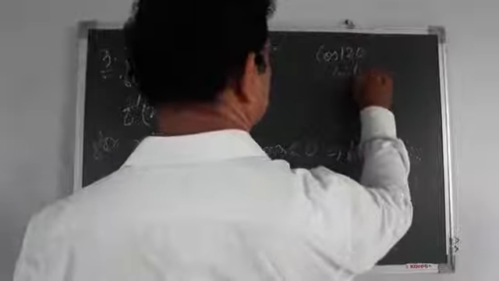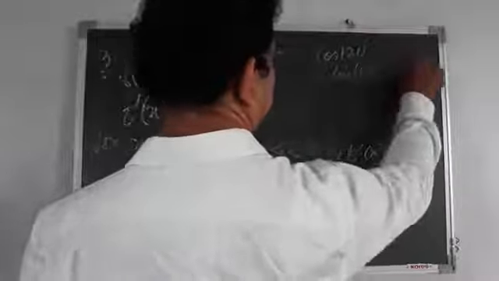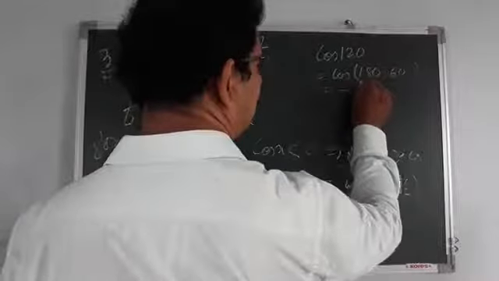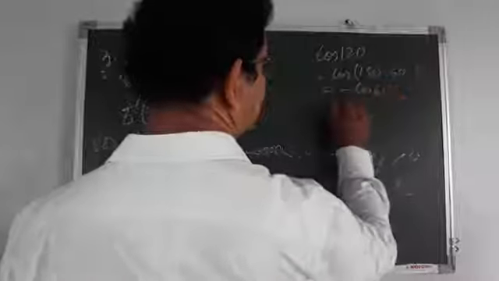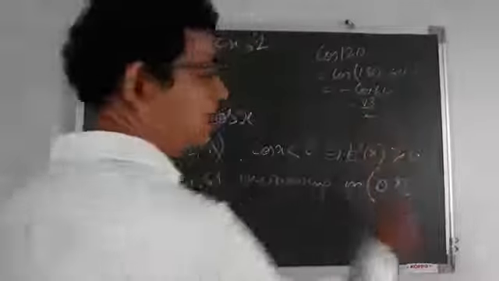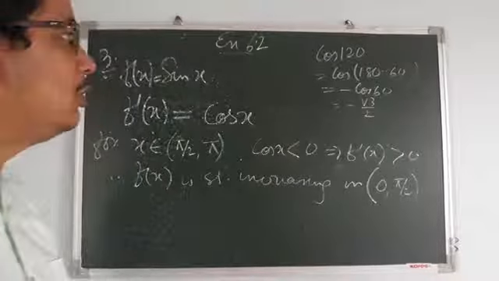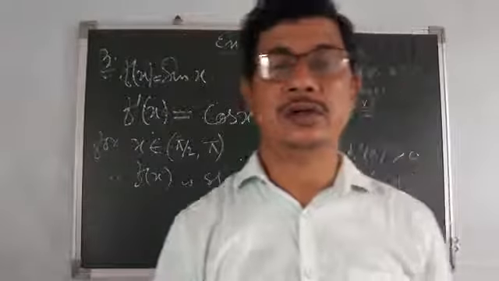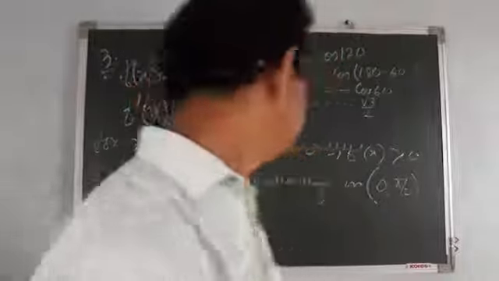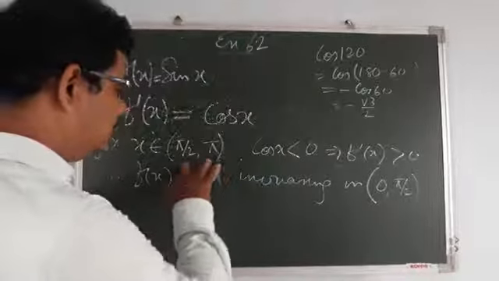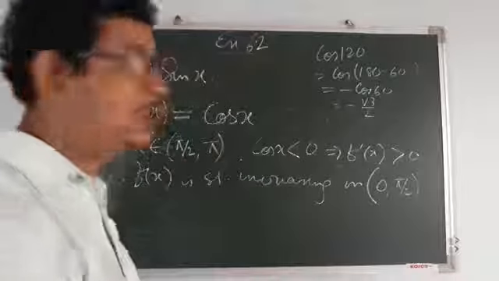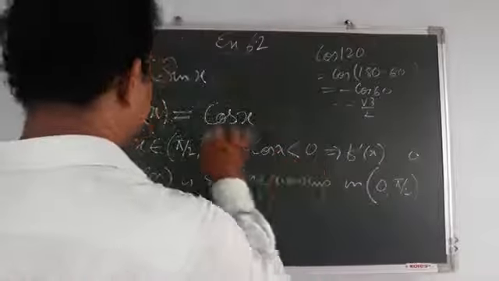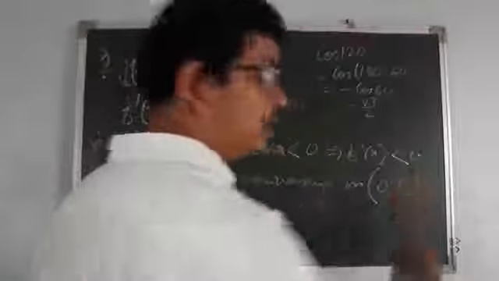It is 180 minus 60, second quadrant, cos negative, so it is minus cos 60, which is minus 1 by 2 in magnitude, negative. Like that, all the values in between 90 and 180 are always negative. As cos x is negative, f dash x is negative.